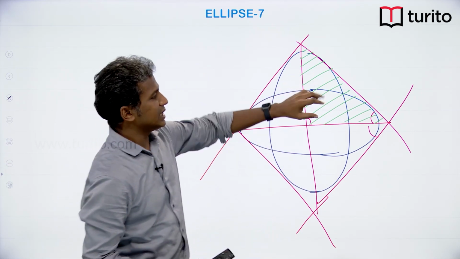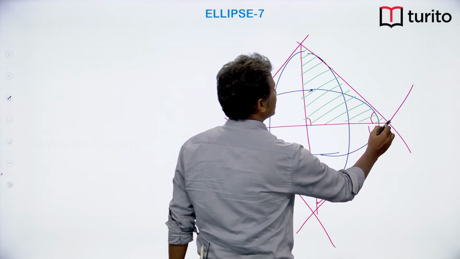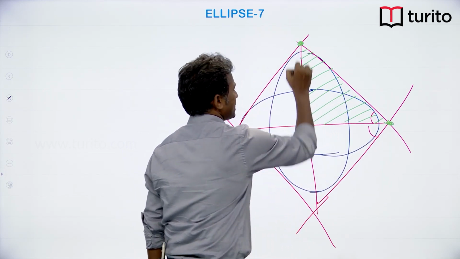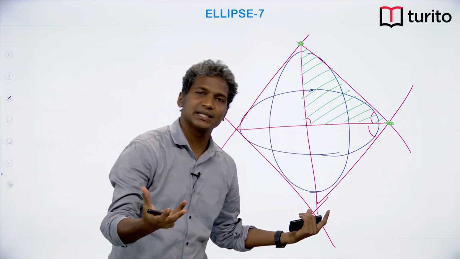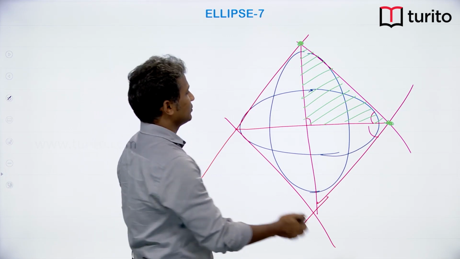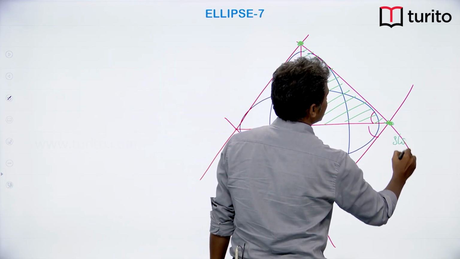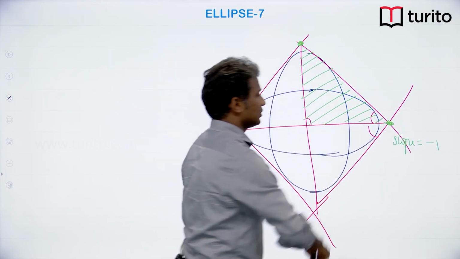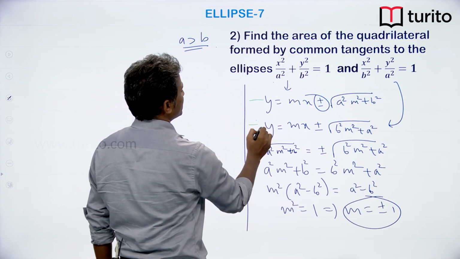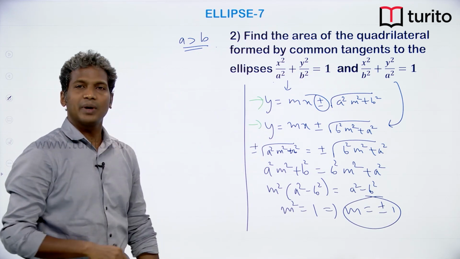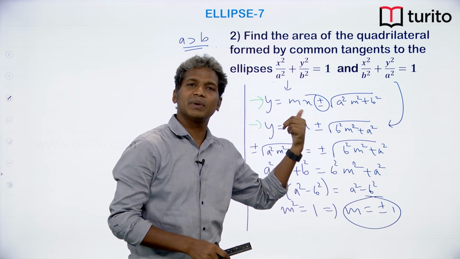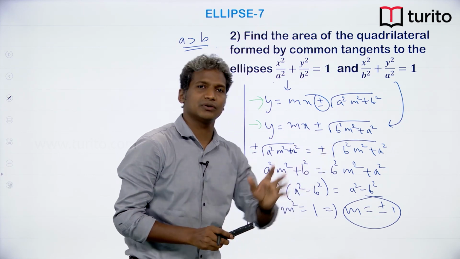Now how do we get this area? Just get the x-intercept of this tangent and the y-intercept of this tangent, and then just apply half base into height. So how do we do that? Because this line is going to have slope equal to minus 1, in any one of these two equations, just put m equal to minus 1 and take only one sign, either plus sign or minus sign, it does not matter.